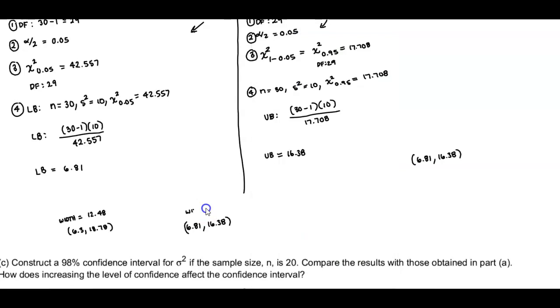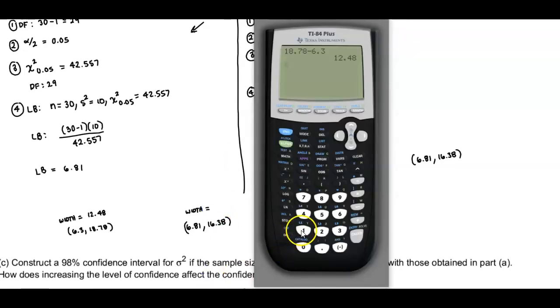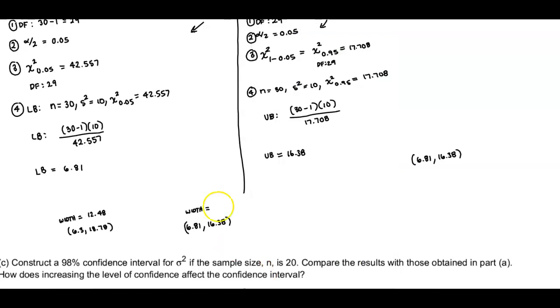And over here, this interval, which is the second interval, gives us a width of, if we take 16.38 and subtract 6.81, then we get the width of 9.57.